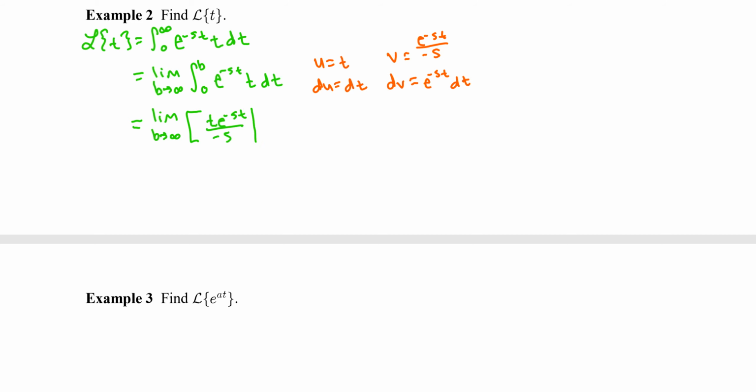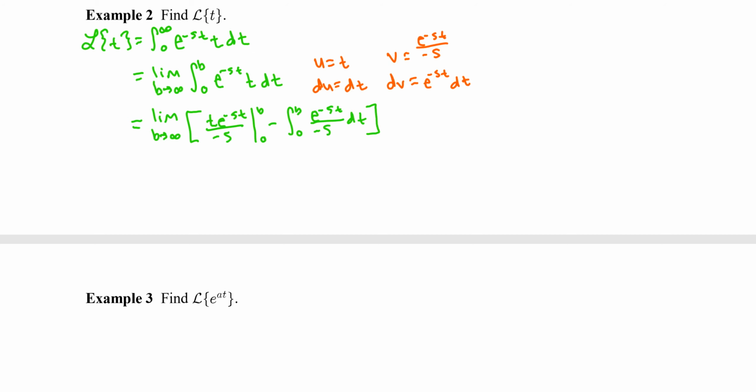Now, that still needs to be evaluated, so I'm going to go ahead and put a little stopper here with our limits of integration, 0 to b. U times v minus the integral from 0 to b of v du. So we have e to the negative st over negative s dt. Voodoo, right? U times v minus the integral of v du.